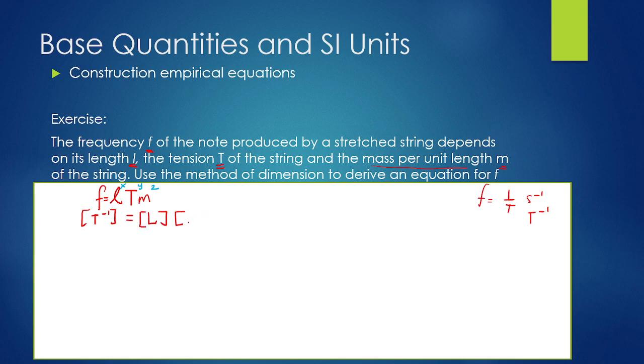T is a tension, as we remember, is a force, so force is M L T negative 2, and M is a mass per unit length that you have here.